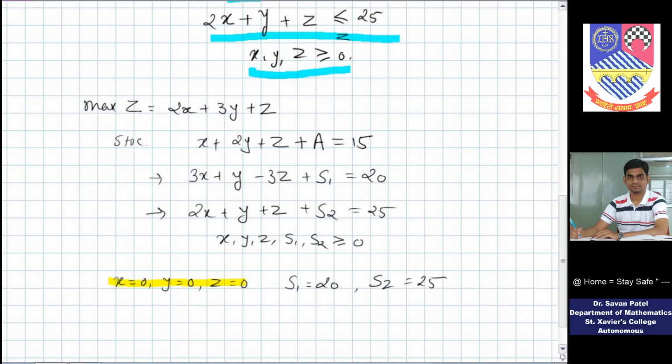Here a is an artificial variable because actually it is not in the system, and we are not supposed to find the value of a in the optimal solution. So this is an artificial variable. This is actually not our original problem's case. So if we take this, then we have a is equal to 15.